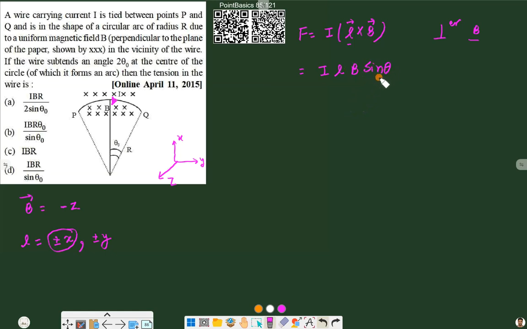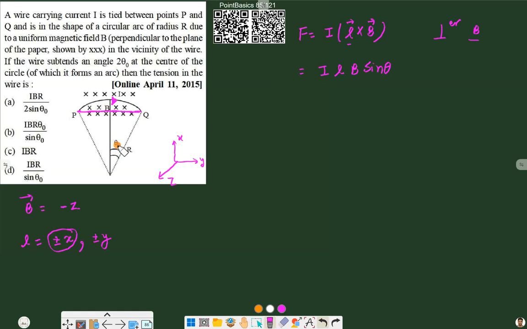We want this theta to be 90 degrees so that we have the maximum force available. So we will take this value of the length, that straight distance between P and Q.